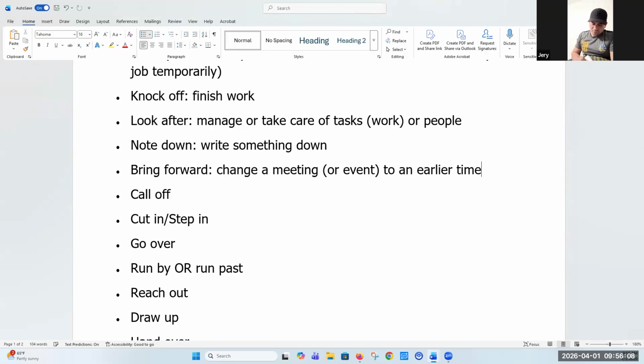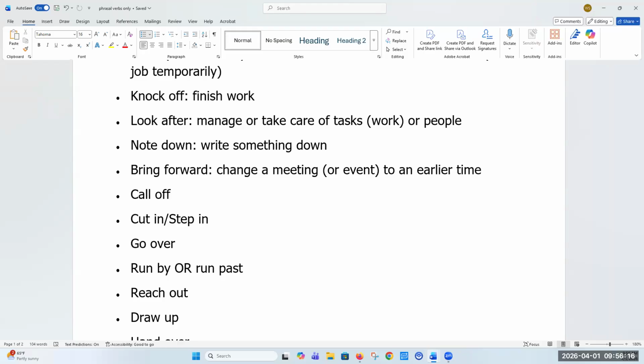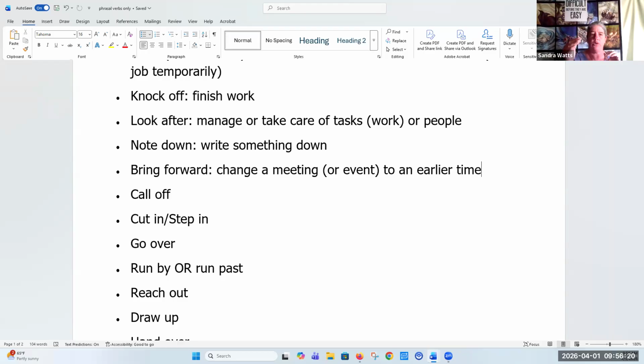So bring forward is when you change a meeting at work or an event or something and you make it earlier. So originally this meeting was on Friday, but we're going to change it to Thursday. We're going to make it earlier. So originally class was at 9, we're going to change it to 8.